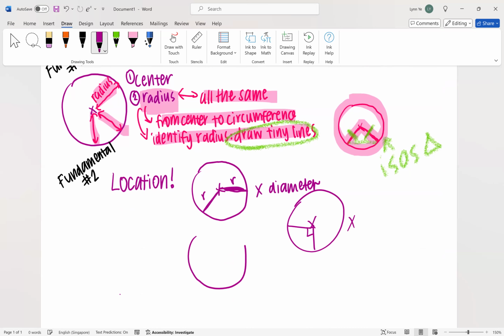You say that it is a straight line that goes through the center. But this also goes through the center. But why? What do you notice? It goes from one circumference, cuts through the center and goes through another circumference, correct? And cuts the circle into 2 equal halves.